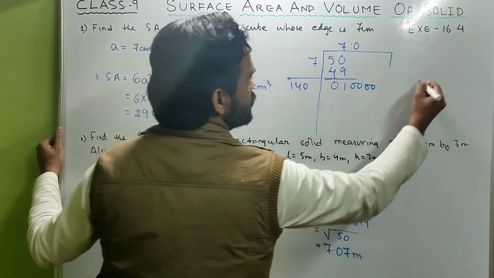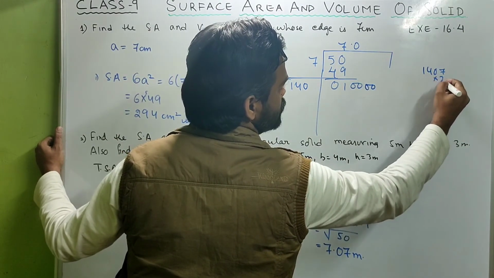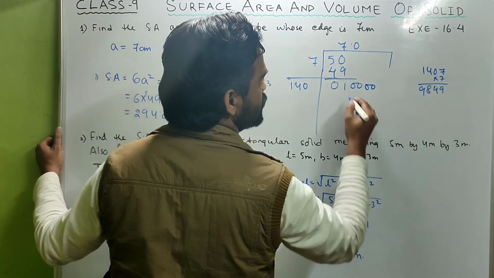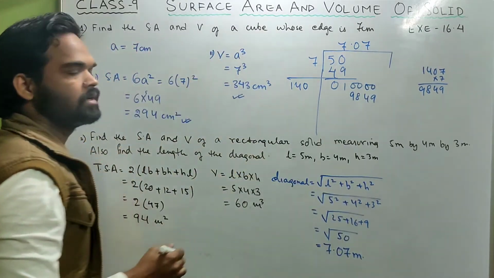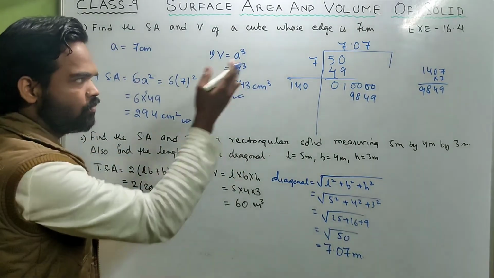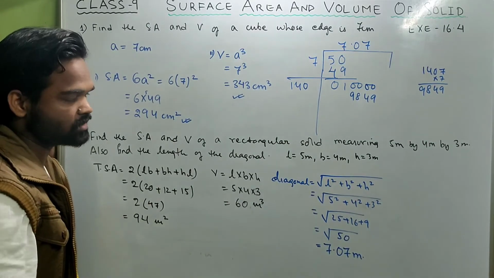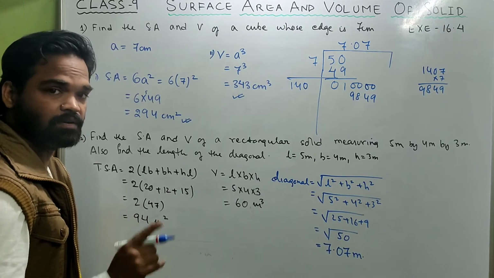Then we do the same. We'll do for one more place and then round up, which in this case comes as 7.07 meter. Done. Now let us look at the next sum.